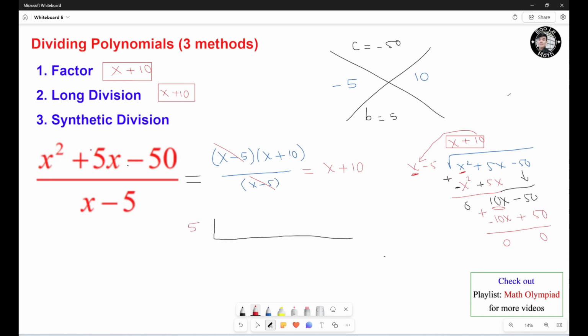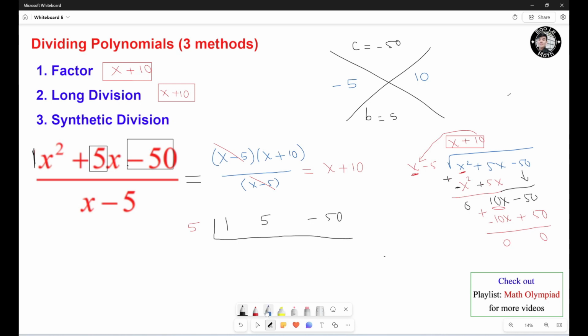On the top, this is s squared plus 5s minus 50. We just put the coefficients. The coefficient of s squared is 1. The coefficient of s is 5. And the constant is negative 50. So I have 1, 5, negative 50.